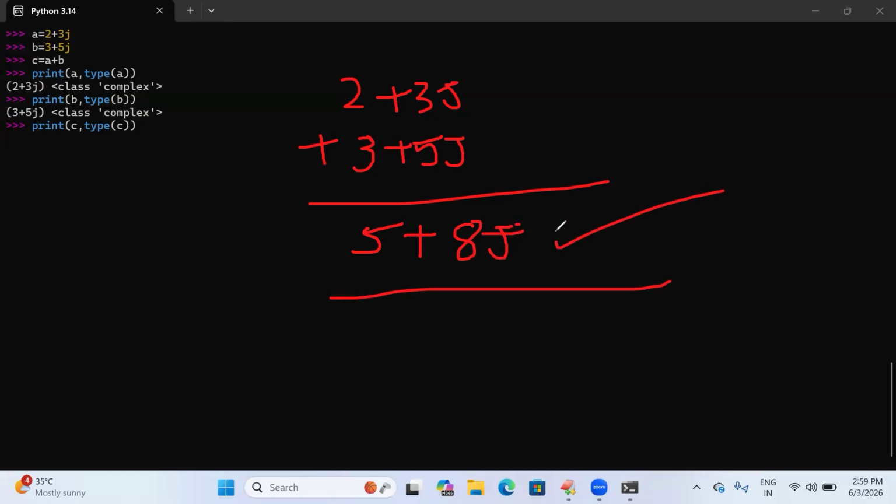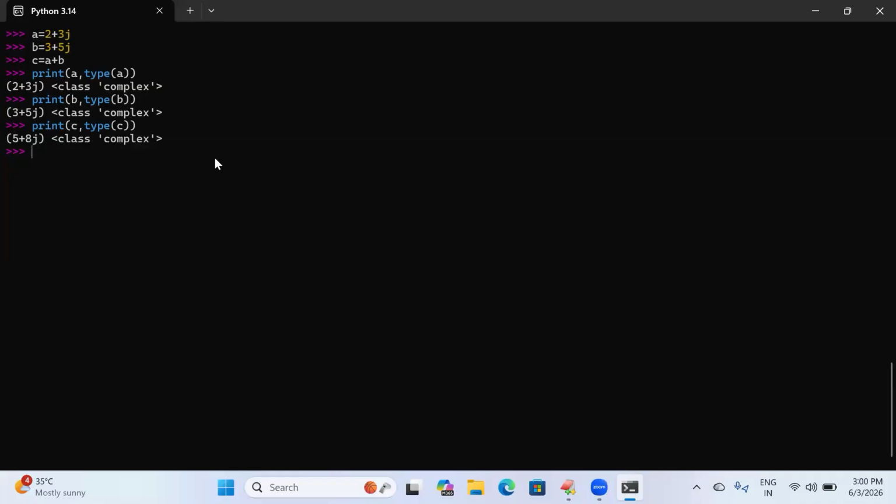We got the answer 5 plus 8j. Let's see whether this answer is right or wrong. Now I'm executing here. Now I'm printing C and its type also. The type of C is also complex type. So we got here 5 plus 8j. Addition of two complex numbers has been completed.